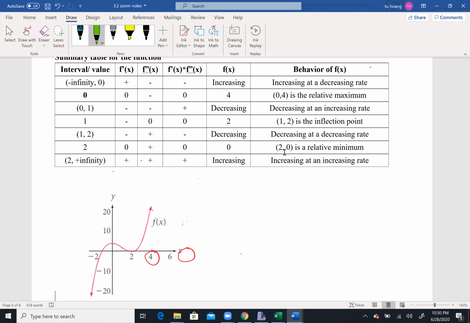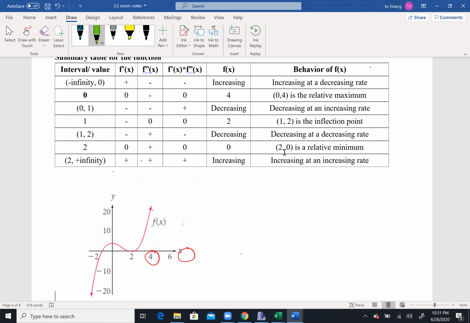And then it is going down, or concave down from 0, and then you have going down, decreasing from 0 to 2, and at 2 it becomes like an inflection point.